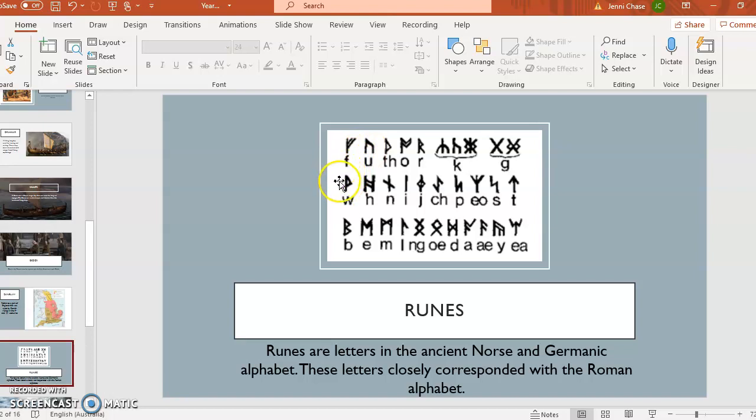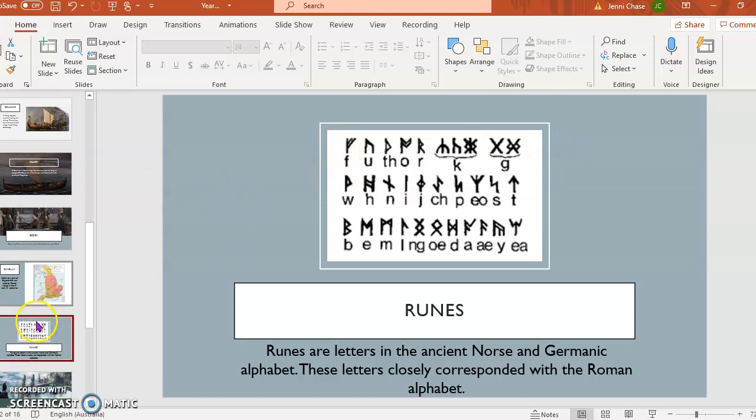Runes were not really used every day. They would maybe be used when trading goods and perhaps on a warrior or a chief's tombstone. But it certainly wasn't like children were going to school and learning to write runes.